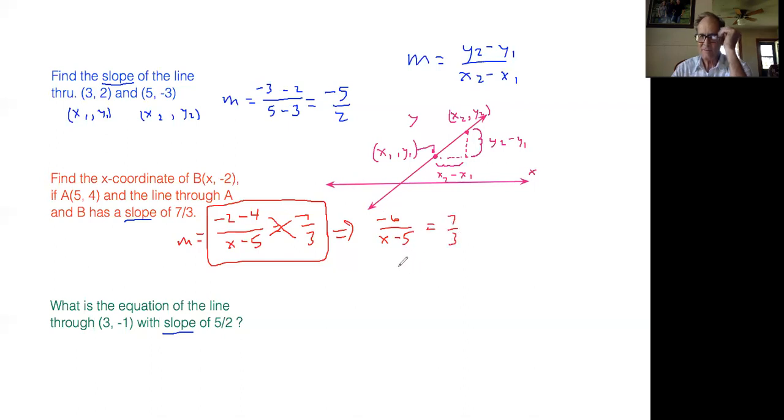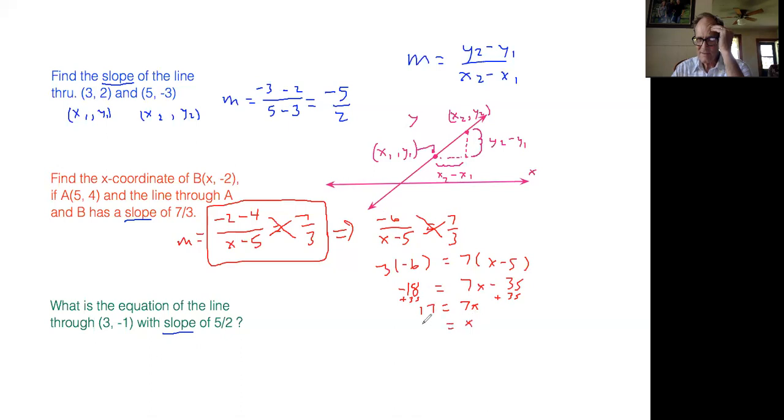Cross multiply it, so I have 3 times negative 6, there's that one, and 7 times x minus 5, there's that one. So I've got negative 18 equals 7x minus 35. So 7x equals, add 35 to both sides, and I get 17.